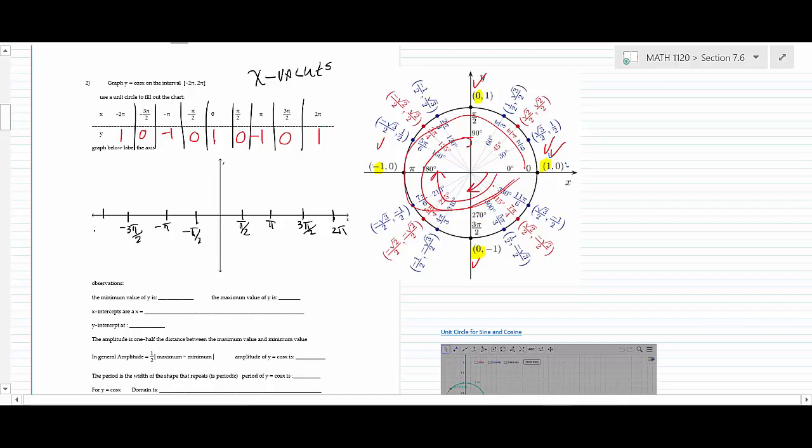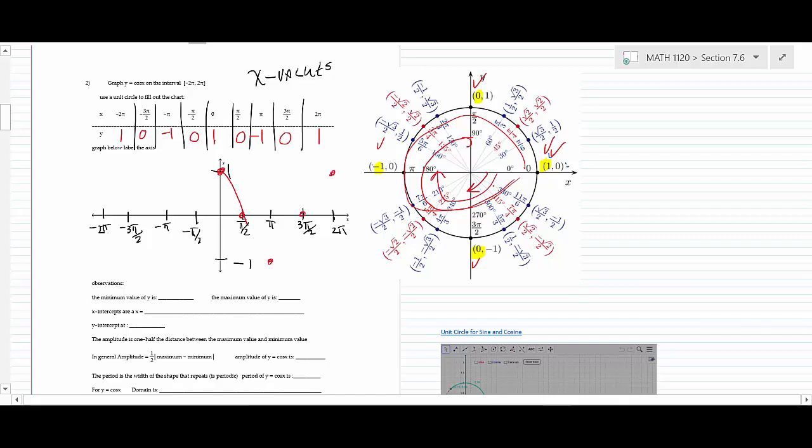And these things have to be labeled, okay? If you're doing a graph for me and they're not labeled, then it doesn't mean anything to me. Okay, the y values just need to have 1 and negative 1. And then if you plot these points, it basically goes like this. You would have 0, 1, pi over 2, 0, pi, negative 1, and so forth like that.